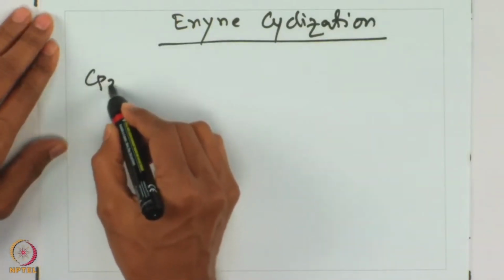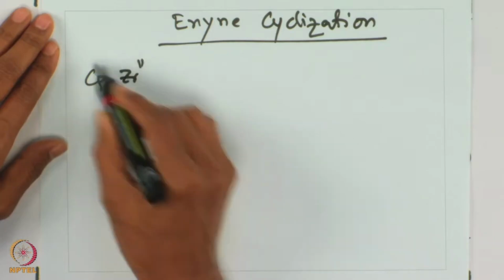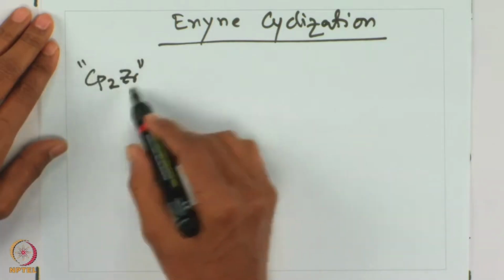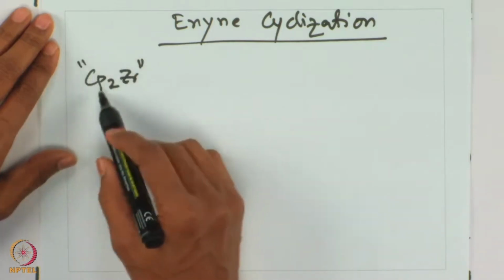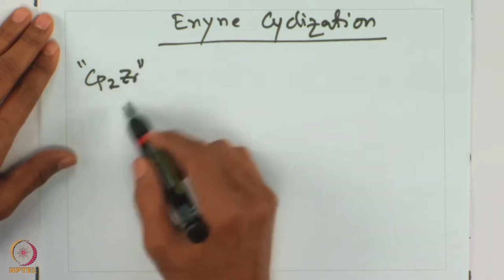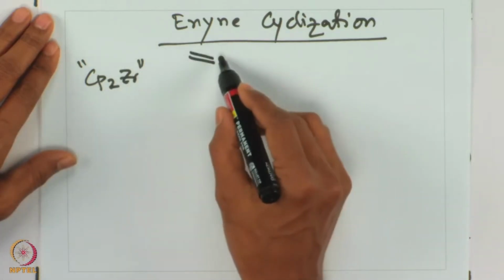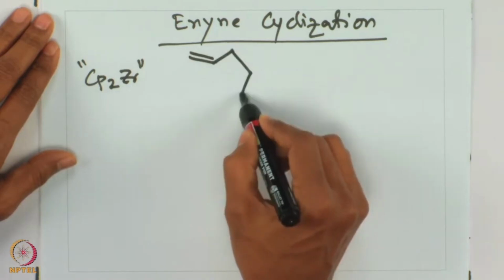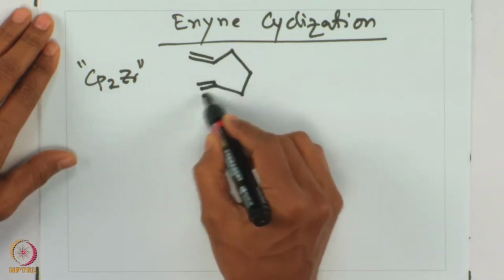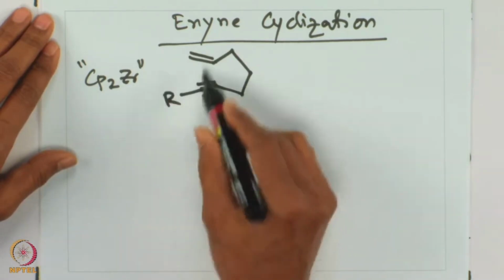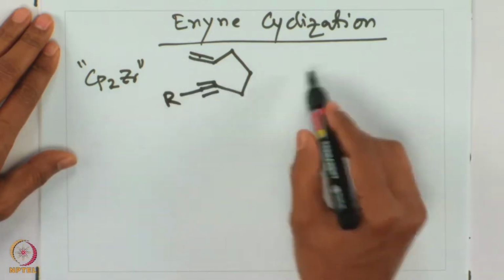What we have essentially is, quote unquote, you can put it in quotes, this is not really the directly formed intermediate, you have to synthesize it in situ, and along with it, if you have an olefin with it, we do have an ene and yne as an intermediate.